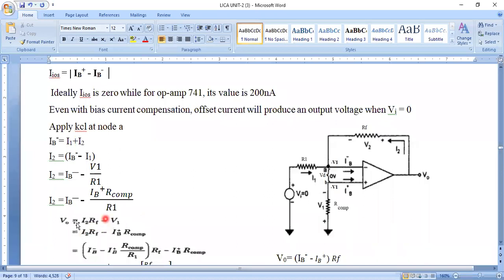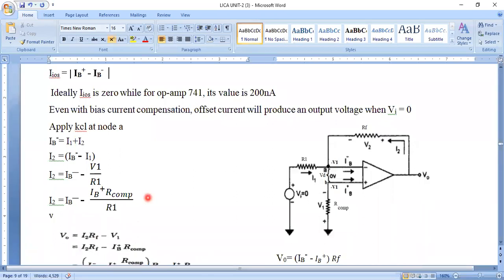To find the output voltage expression, the I1 and I2 values are used. The output voltage V0 is equal to V2 minus V1.